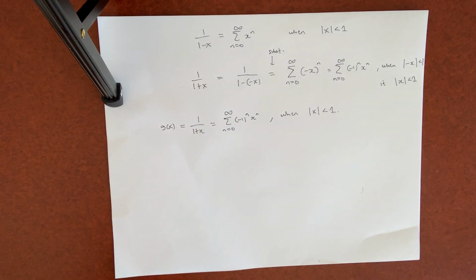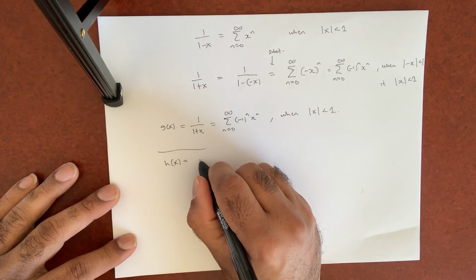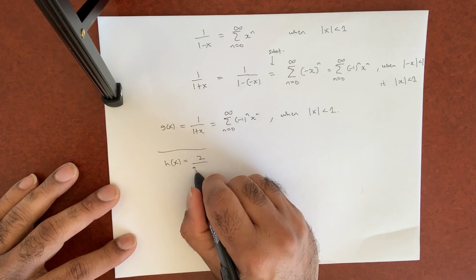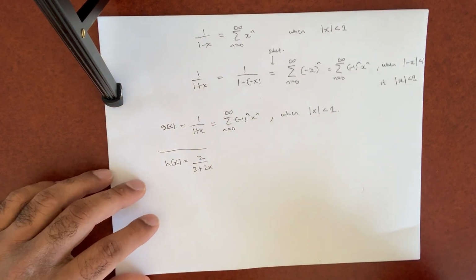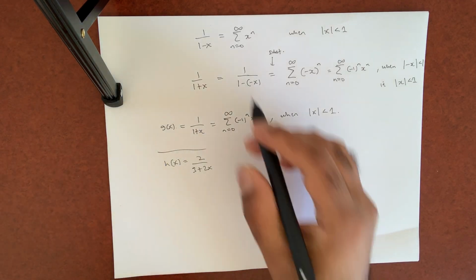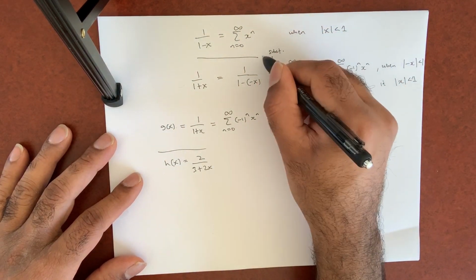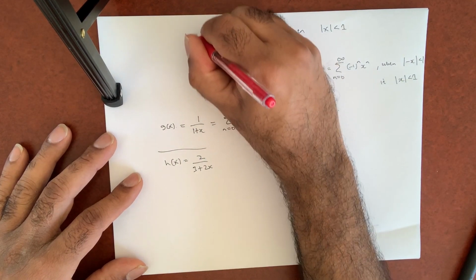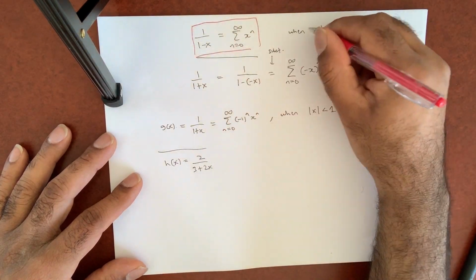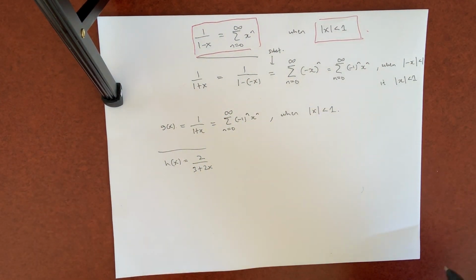This is one example. Let's do another example, which is the h of x. So let's take h of x, which is 2 over 3 plus 2x. So this one's just a bit more involved. Personally, I always start off with the original series right here. I'm just going to box that in a different color. I like to start off with that because that's what I remember most easily.